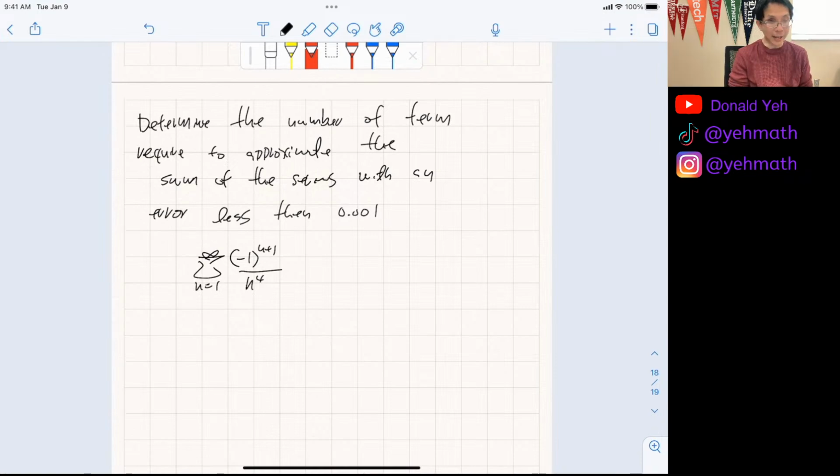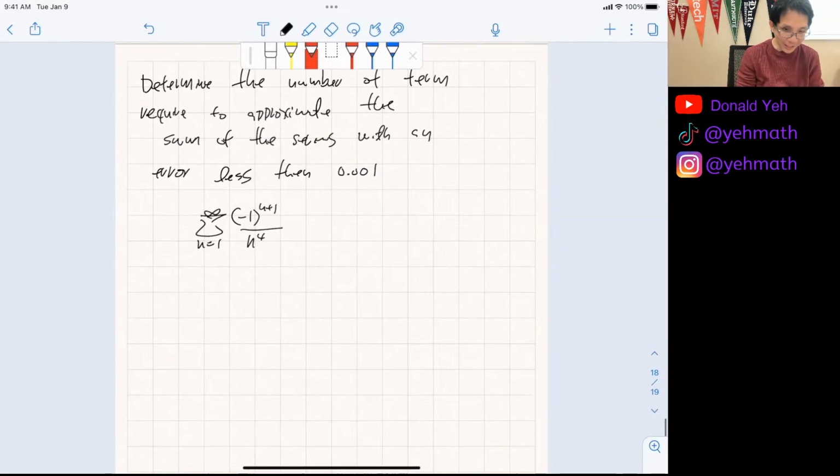Now, if you want an error less than 0.001, what do you compare? You find the next term. So what is the next term of this one?